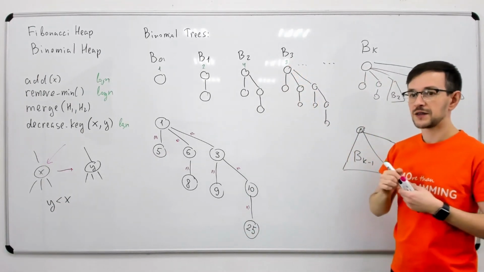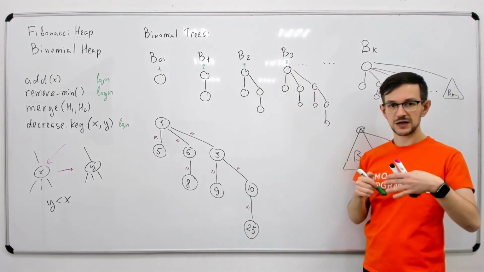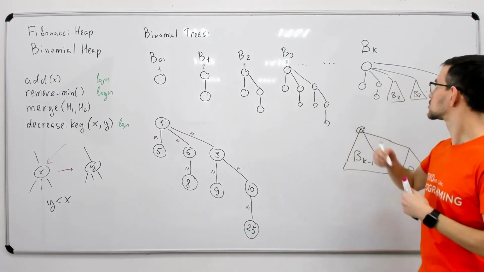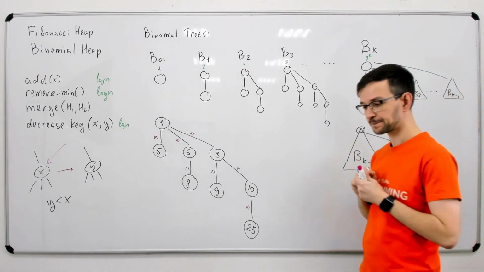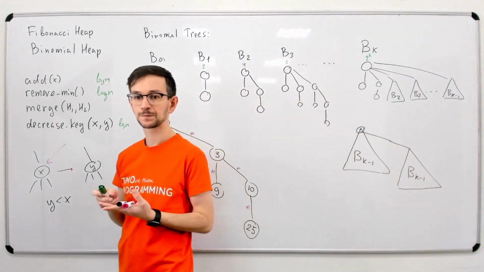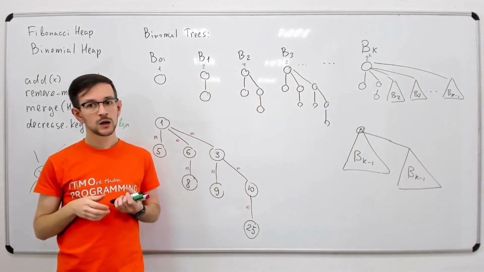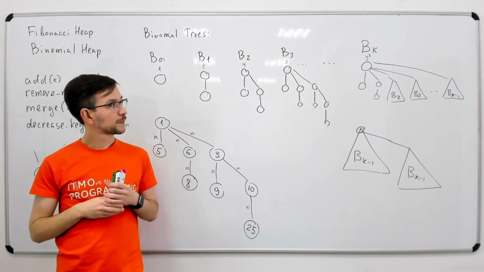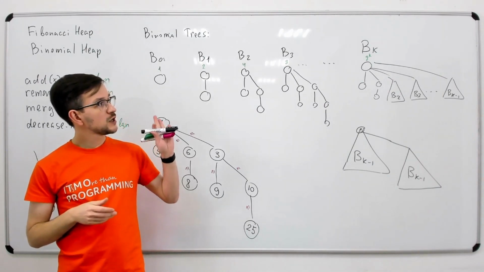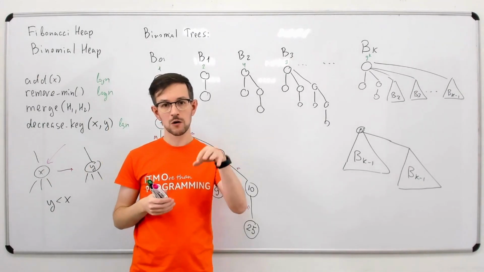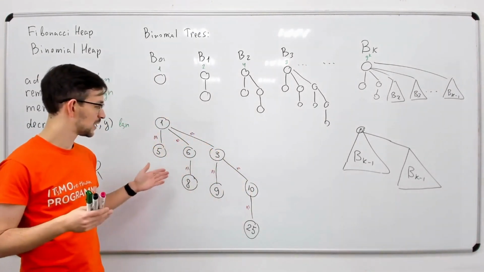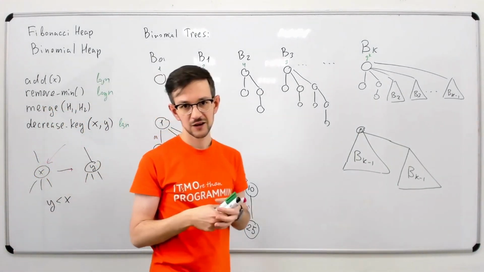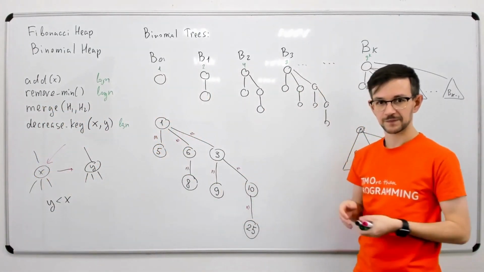So the binomial tree of rank k contains exactly 2 power k nodes. Good. So if you want to put exactly 2 power k elements in your binomial heap, that's fine. You just take the tree of rank k and build a heap like this.